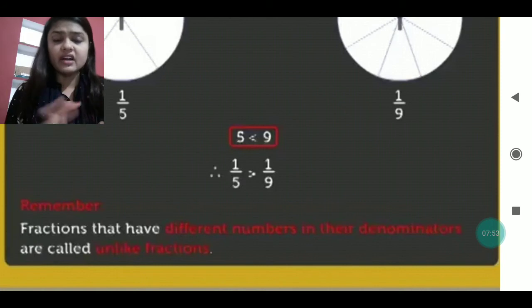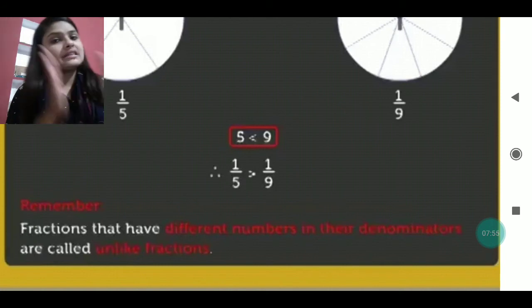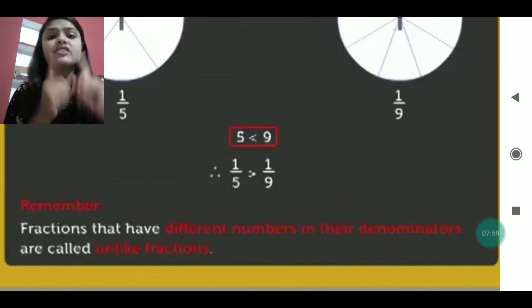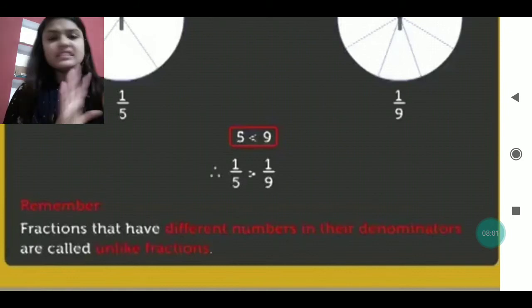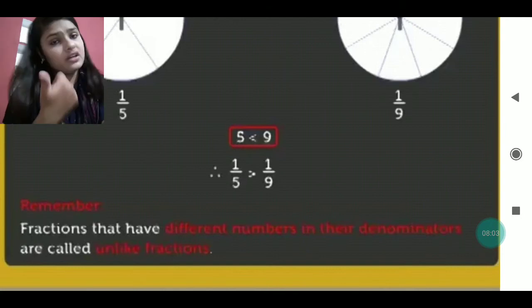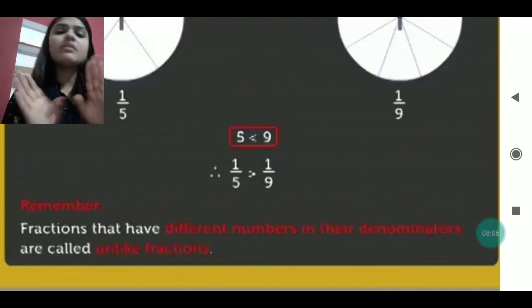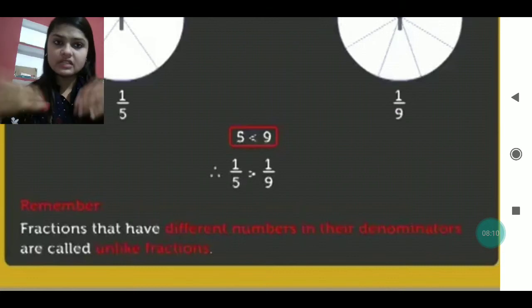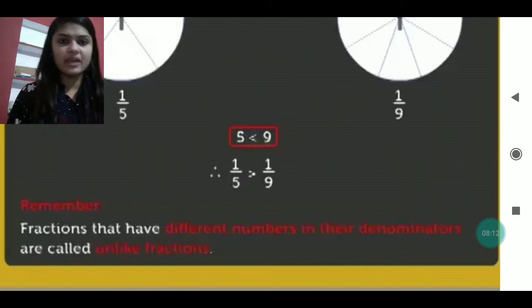Like 1 by 5 and 1 by 9. Which denominator is greater? 9. Which is smaller? 5. So 1 by 5 will be the greater number in comparison to 1 by 9.